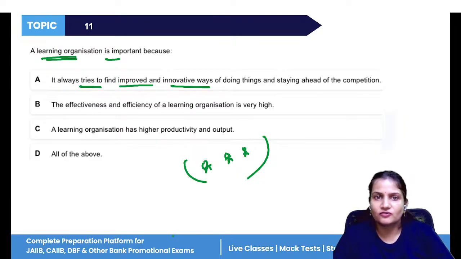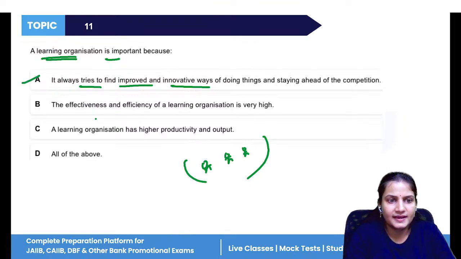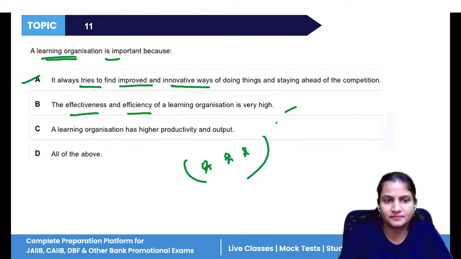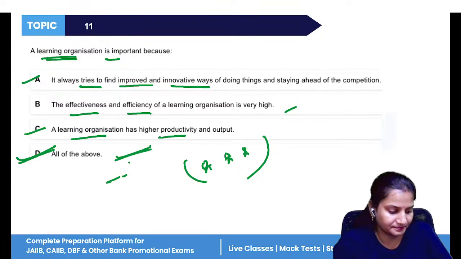You can stay ahead of competition if you work together and share knowledge together. So yes, effectiveness and efficiency are also high in a learning organization. Learning organization also has higher productivity. If many people are involved, then the productivity will also be higher. They will give more results, so the output is also higher. So all of the above is the correct answer. So option D is the correct answer.